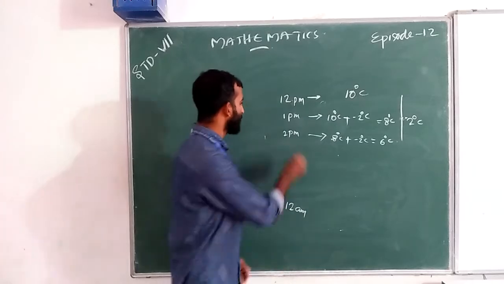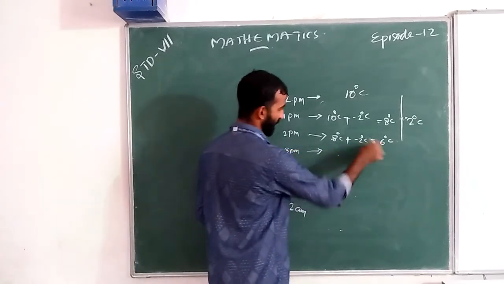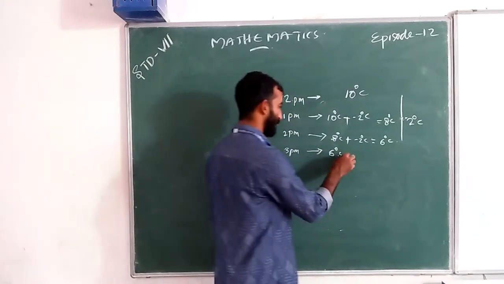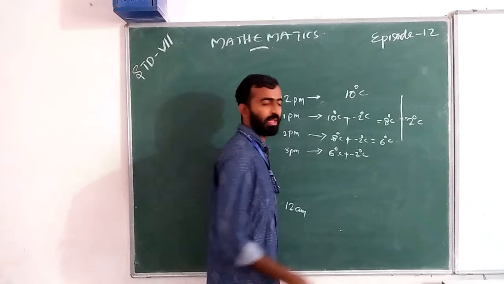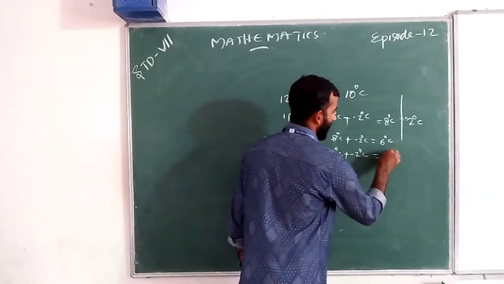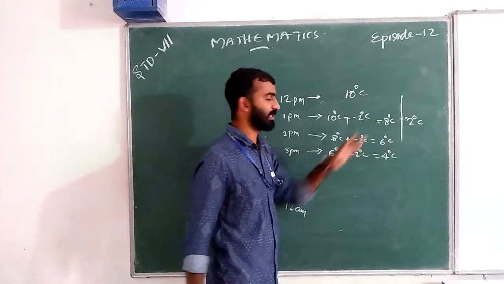And at 3 p.m., we get 6 degrees Celsius plus negative 2 degrees Celsius, that is 4 degrees Celsius.